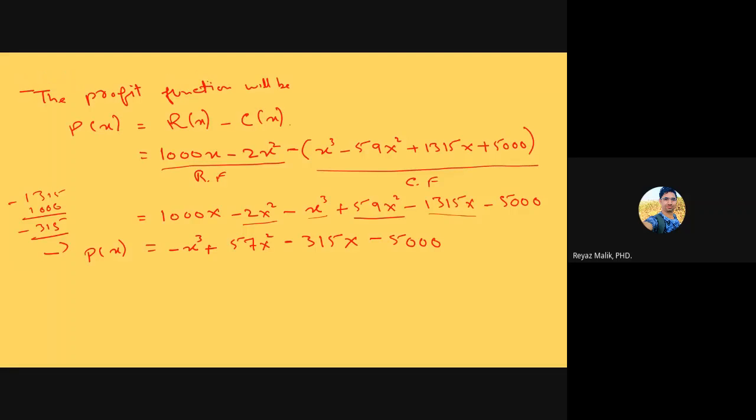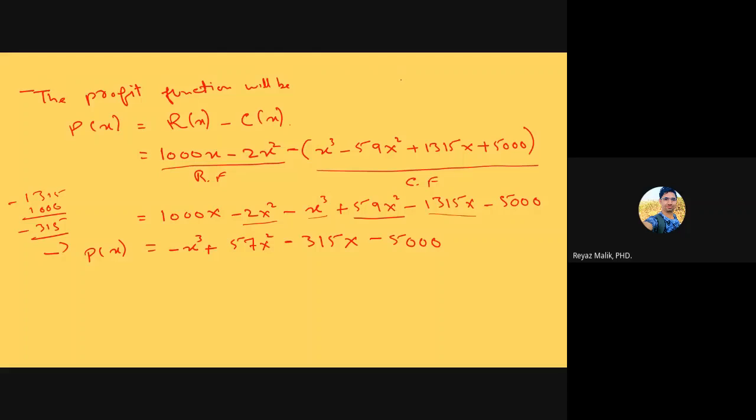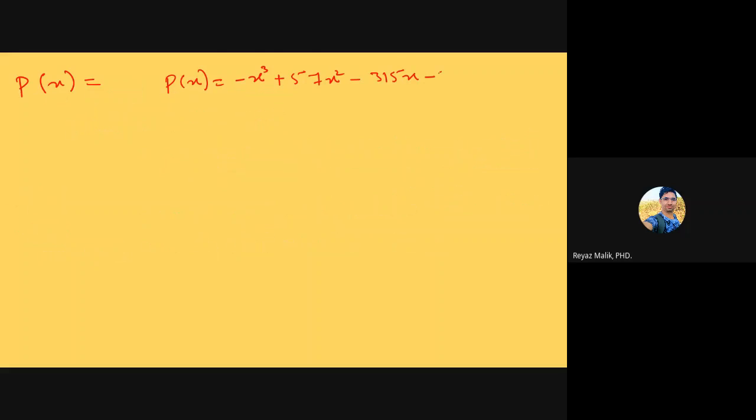P of x equals to minus x cube plus 57x square minus 315x minus 5000. That's our profit function.